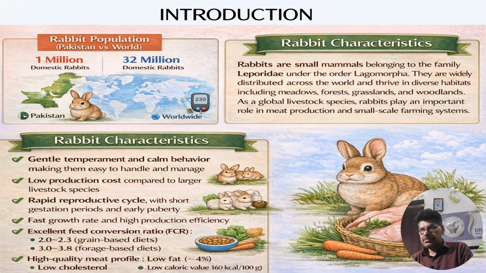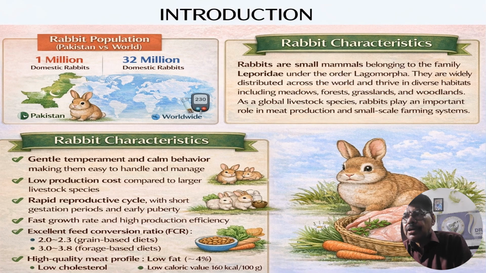They are widely distributed across the world and thrive in diverse habitats, including meadows, forests, grasslands, and woodlands. As a global livestock species, rabbits play an important role in meat production and small-scale farming systems.